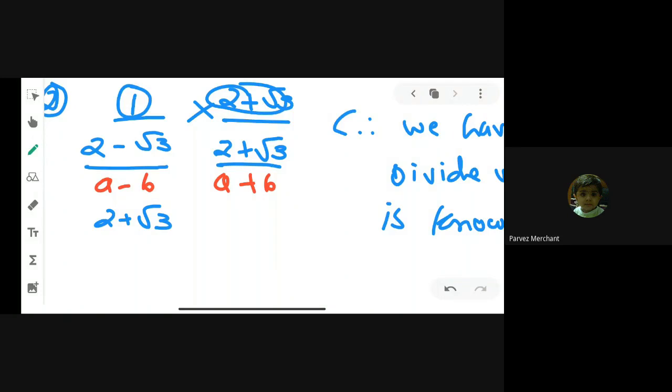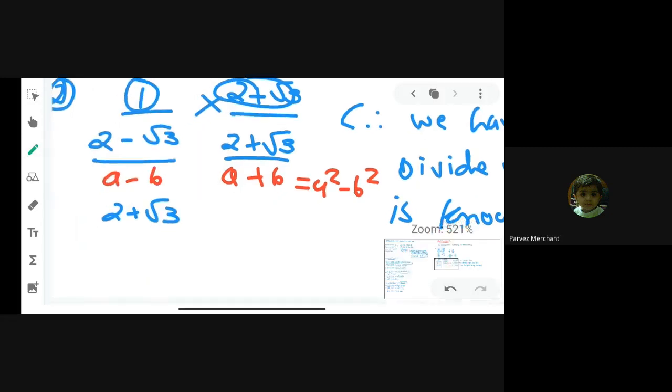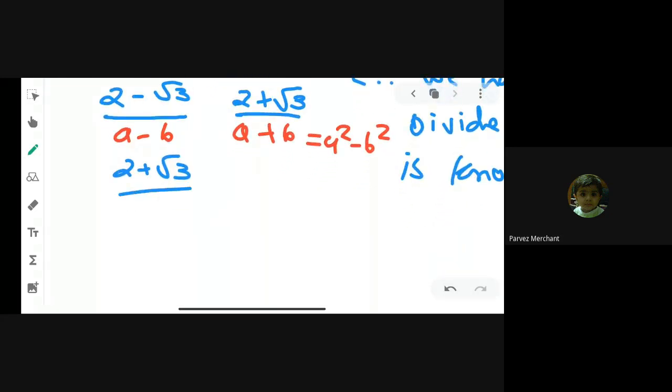Then A minus B times A plus B is one identity, and its answer is A square minus B square. So we suppose A is equal to 2 and B is equal to root 3, right?